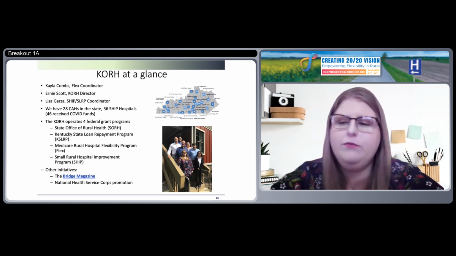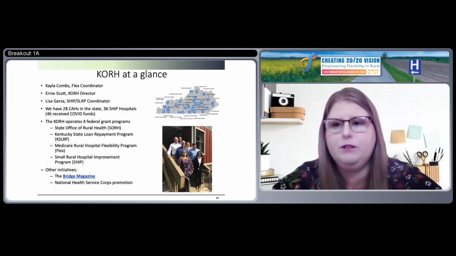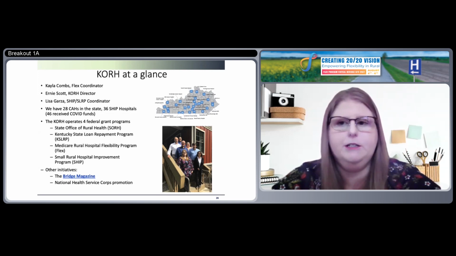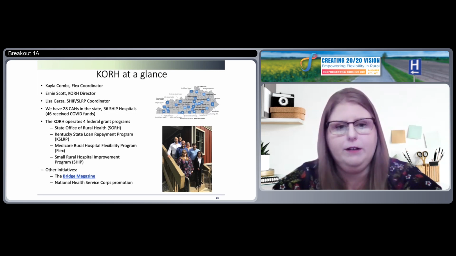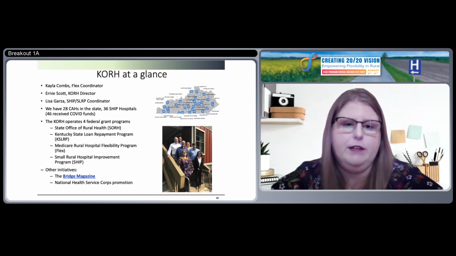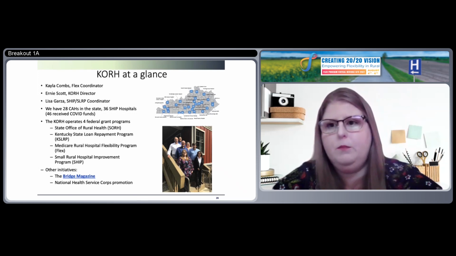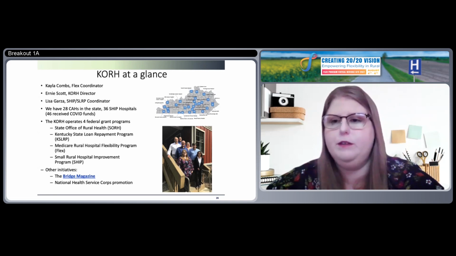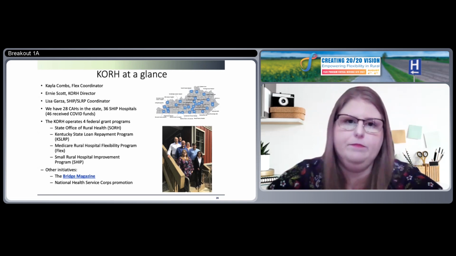We operate 4 federal grant programs: the State Office of Rural Health Grant, the State Loan Repayment Program, Flex, of course, and then SHIP. And then we have some other initiatives, the Bridge Magazine, and we actually do the National Health Service Corps promotion on behalf of our PCO because we are not state-based, but we have a contract with them to do that. Next slide.